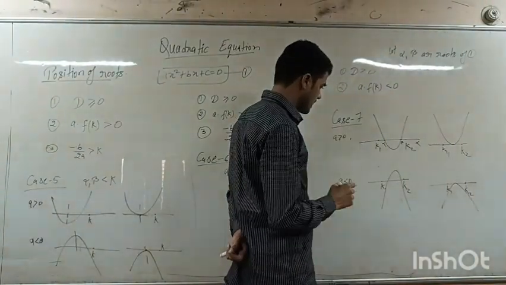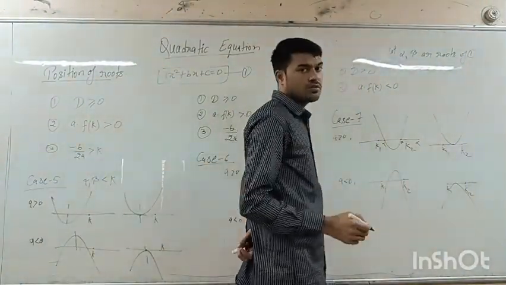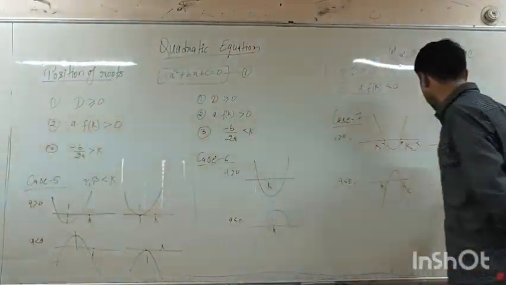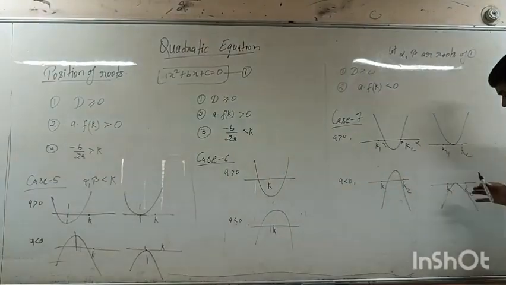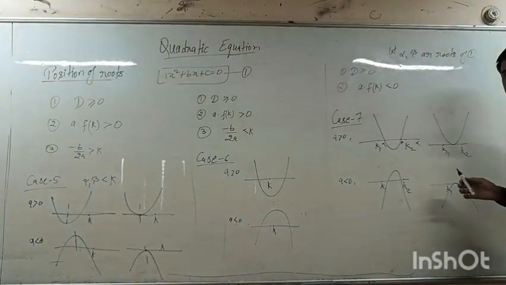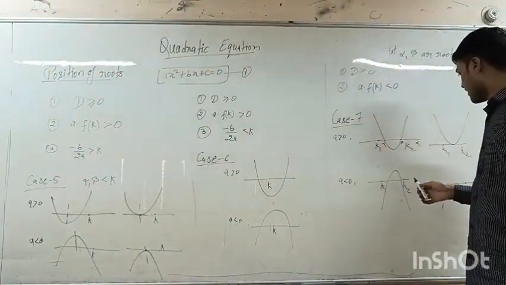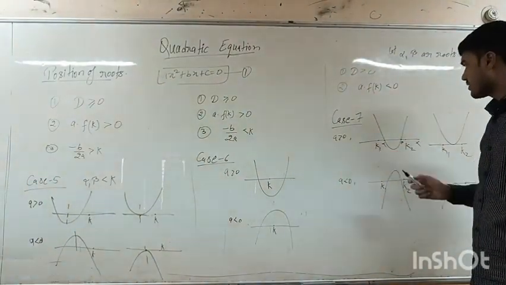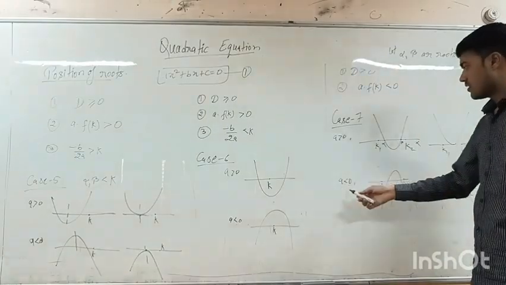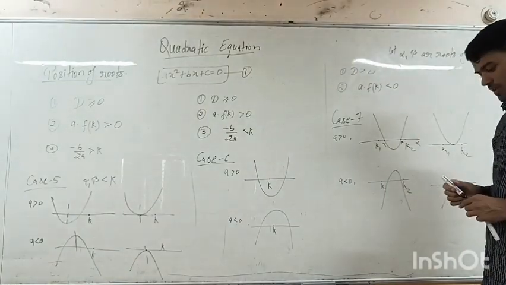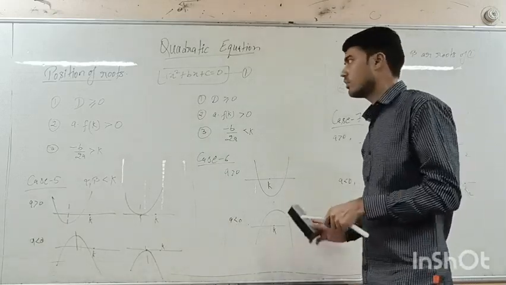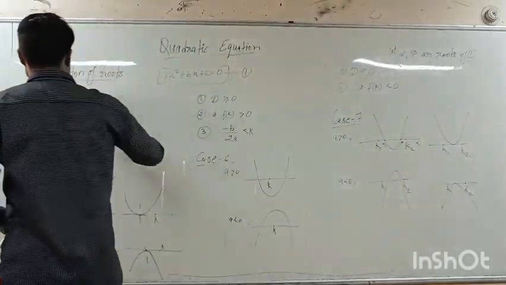And if a is less than 0, then f(k1) is negative and f(k2) is also negative. We can see it here too. Means f(k1) and f(k2) are of the same sign as a. So from here we can say something about a times f(k1) and a times f(k2).